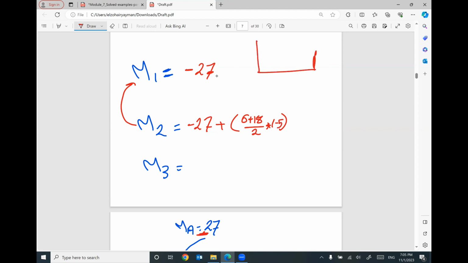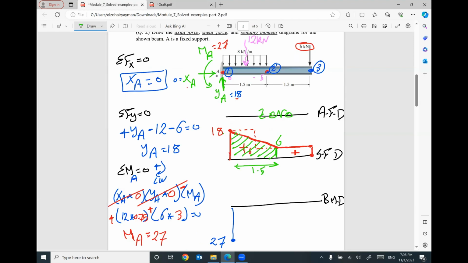Guys, if you have trapezoid like this is A, this is B, this is L, the area of this trapezoid will be A plus B divide 2 times L. And this area is positive. So your moment will be negative 9. So we still negative. The value here is negative 9.